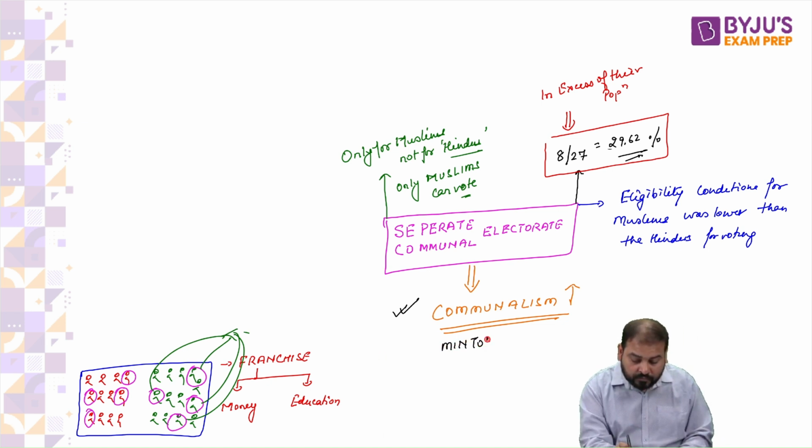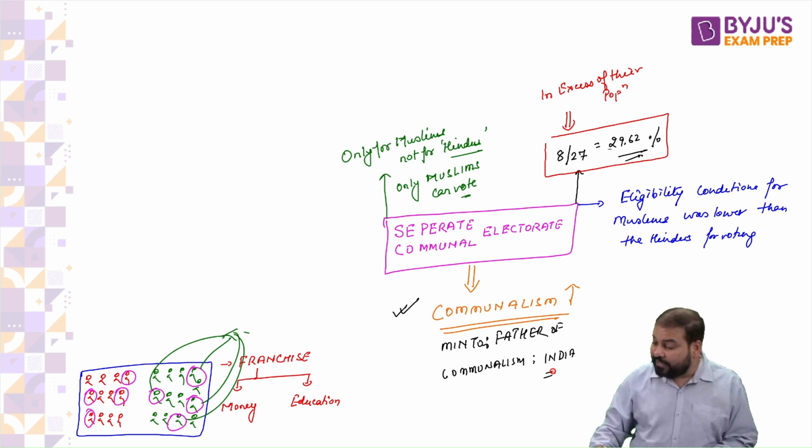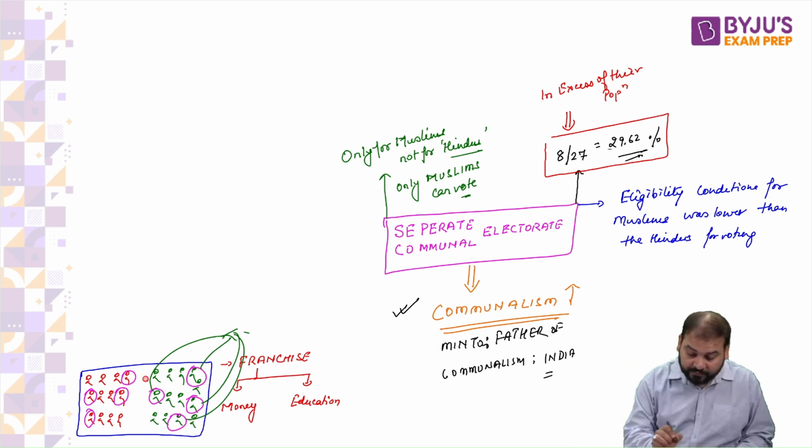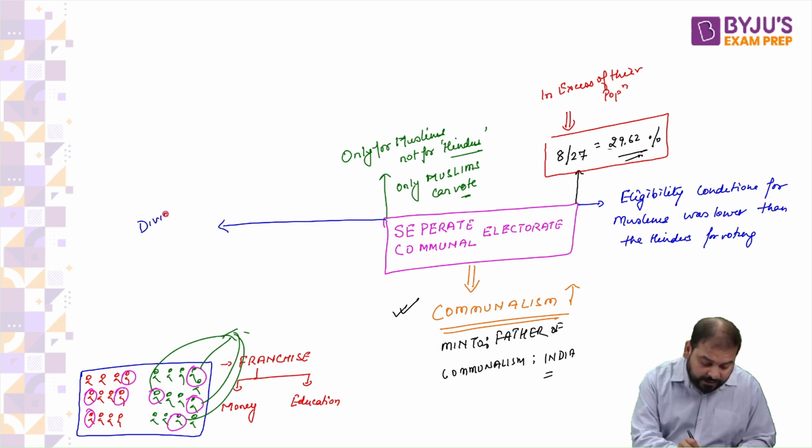Minto. That's why he is known as the father of communalism in India. And those who are asking why he did it, everyone, this is nothing but their divide and rule.